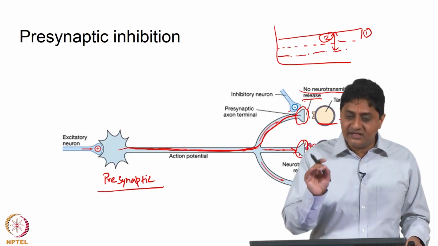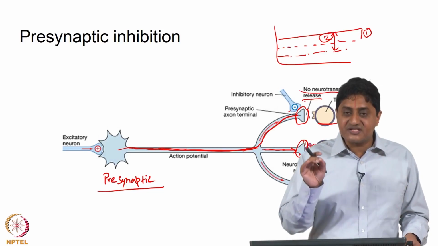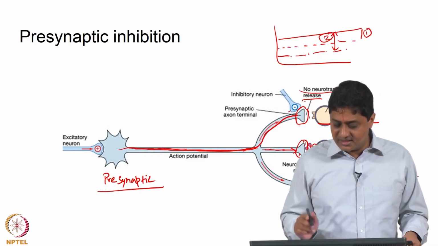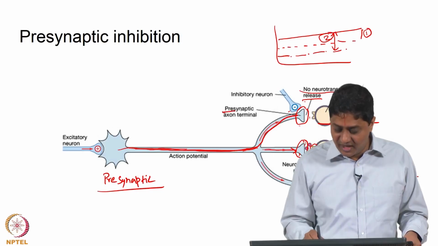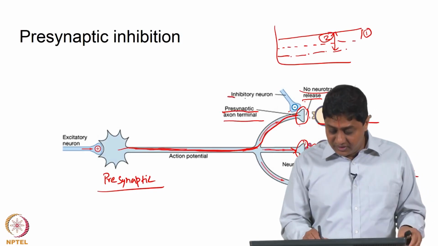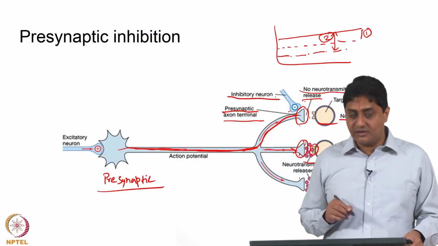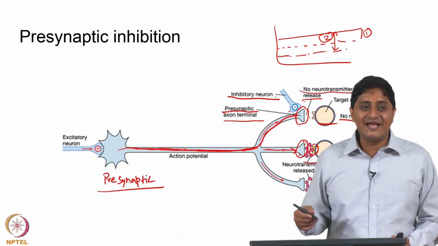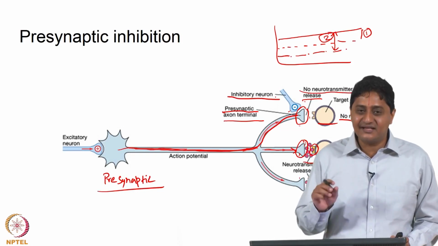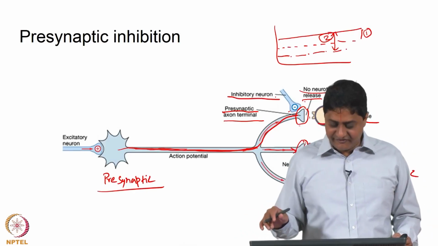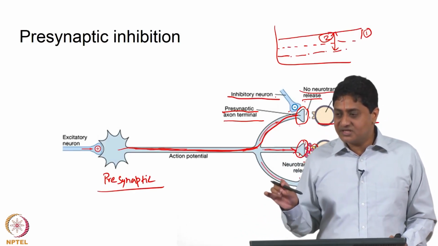So I could selectively close specific parts, specific neurons, using this presynaptic mechanism. So here inhibition is happening due to this presynaptic mechanism, or inhibition is happening due to an excitation. I can excite and ensure that there is an inhibition. So it is a very special case of inhibition which allows us this selectivity.